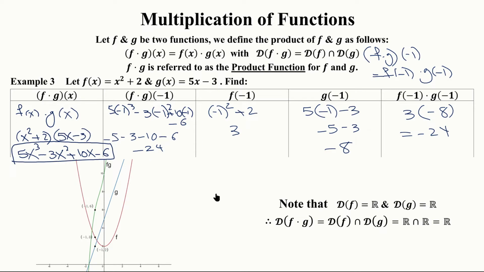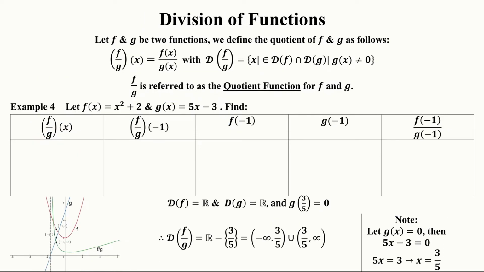All right, so as far as domain, both are polynomials with all reals as domain, and the intersection is R as well. And that's multiplication of functions. Again, f times g itself is referred to as the product function.